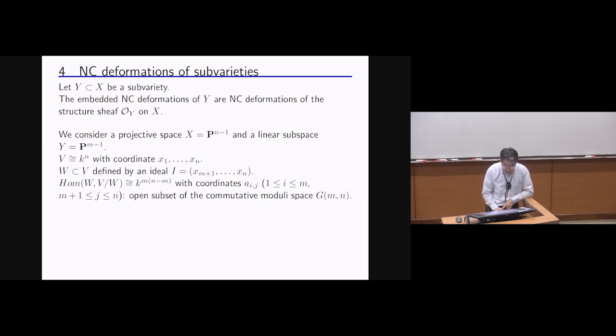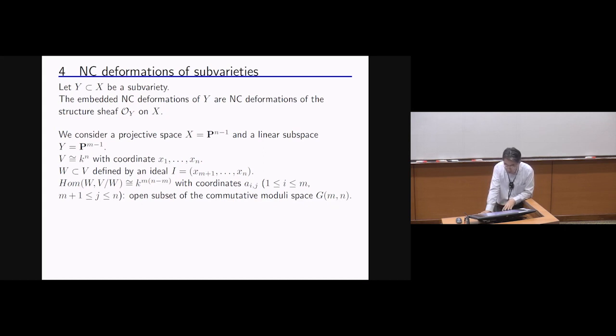So this corresponds to the whole projective space X, and W corresponding to Y defined by the ideal x_{n+1} to x_n is 0. And then Hom from W to V over W is an affine chart of the Grassmannian, and the coordinates are a_ij.